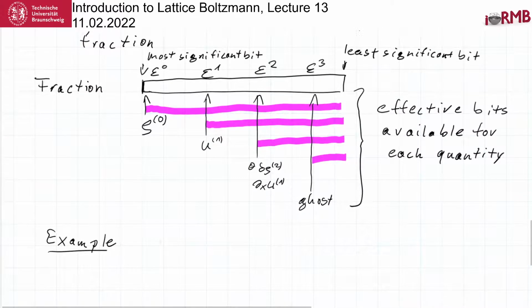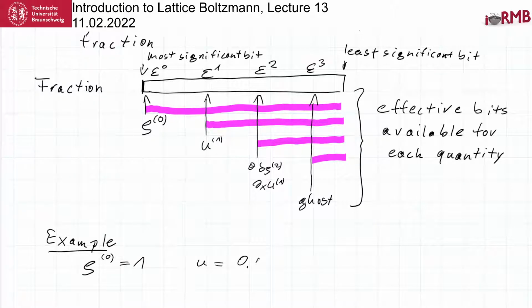So let's consider the following case. We have rho 0, this is usually 1. And now suppose we have our velocity scale in Lattice Boltzmann units. U is 0.01 in delta x by delta t. So this is our scale, and you notice this is not particularly small.